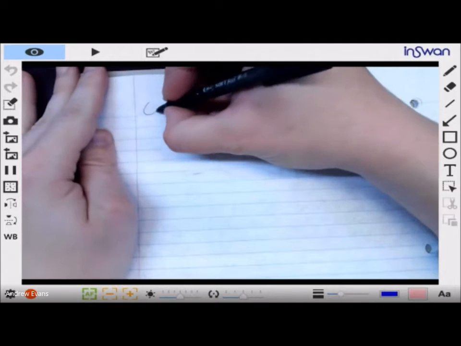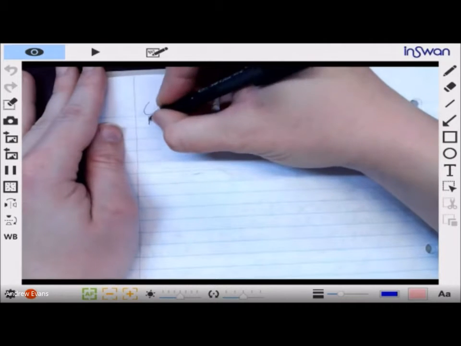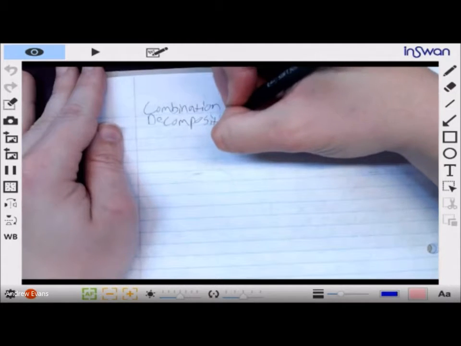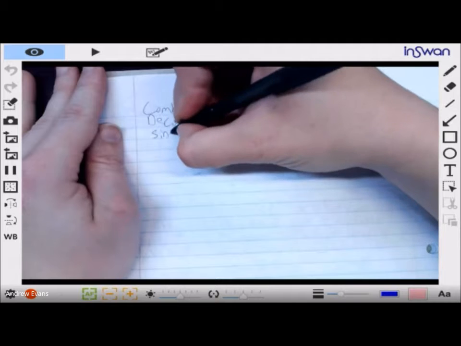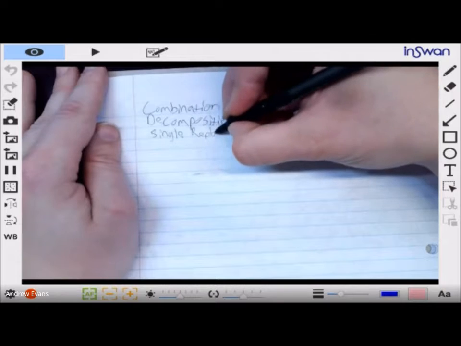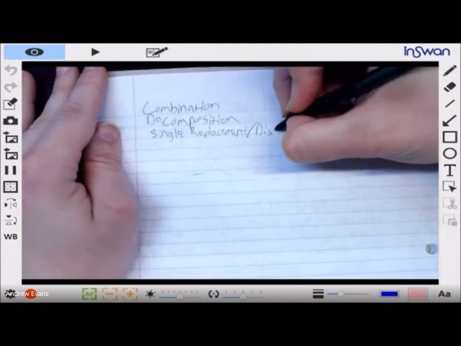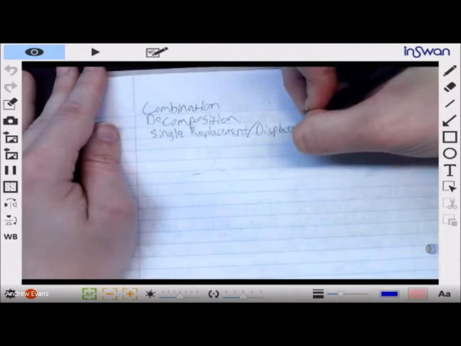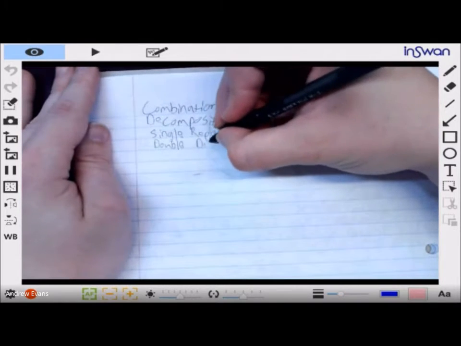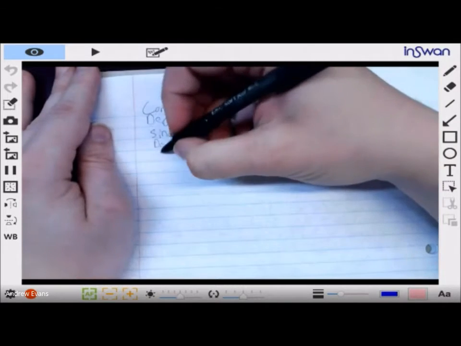We have our combination, we have our decomposition, our single replacement or displacement, depending on who you're asking, your double, and combustion.